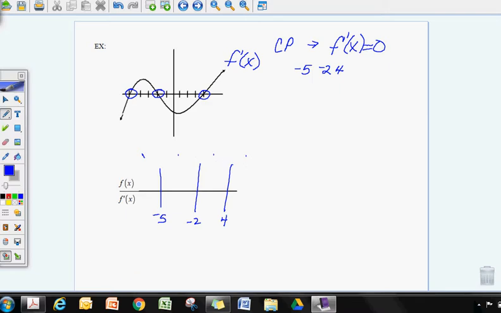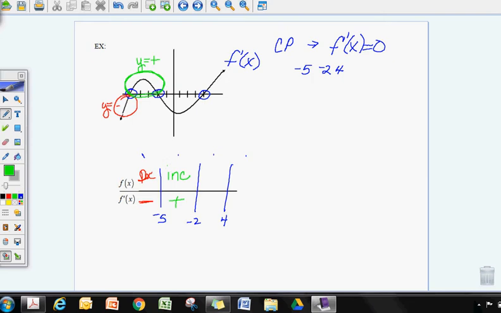Now I'm changing colors just to change colors. To the left of -5, it's below. My y values are negative here. This region's negative. That means that the function is decreasing. Now, just for the sake of changing colors, look at my next section. Do you see how those are above? My y values are positive. That means this region is plus. It is increasing.